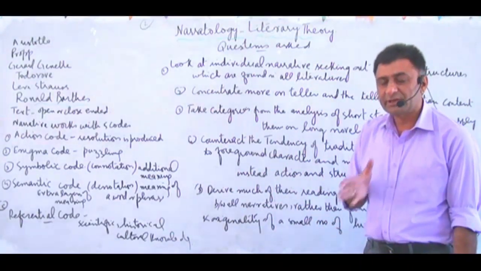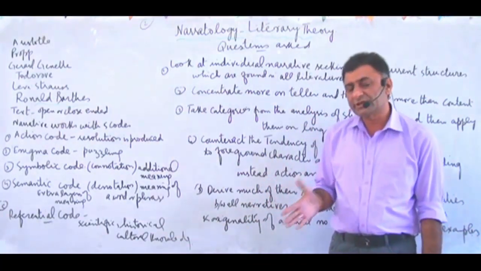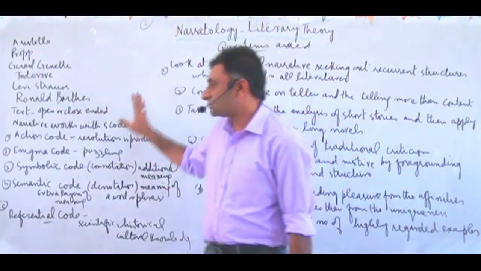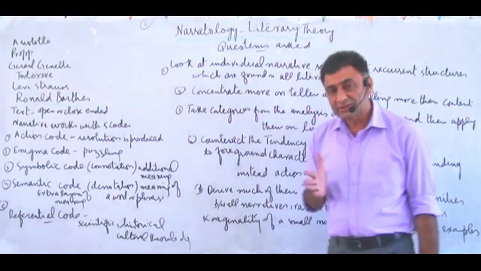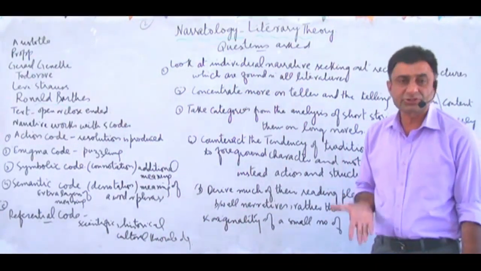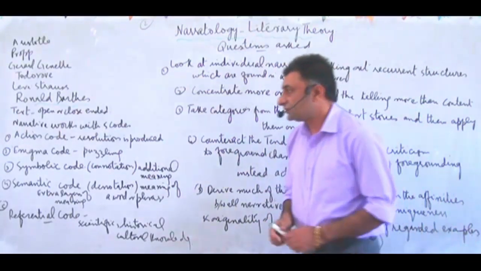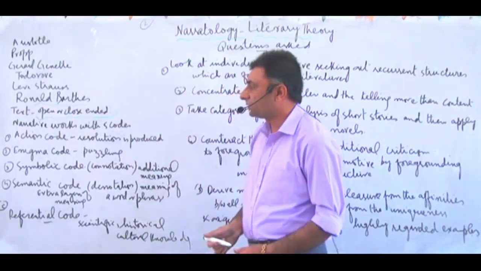It means there are multiple voices; there are as many readers as there are meanings they can draw from it. That is called an open-ended text. A closed-ended text is one that itself tells you clearly that these are the meanings which I have tried to tell you. So these are the two types of text described by Roland Barthes.